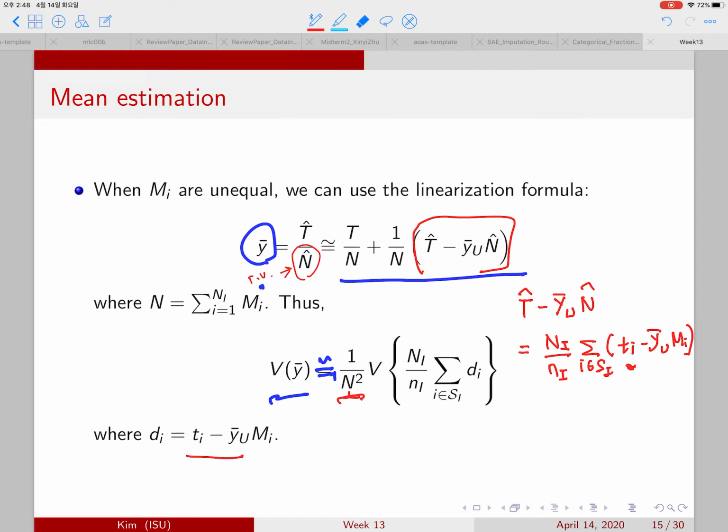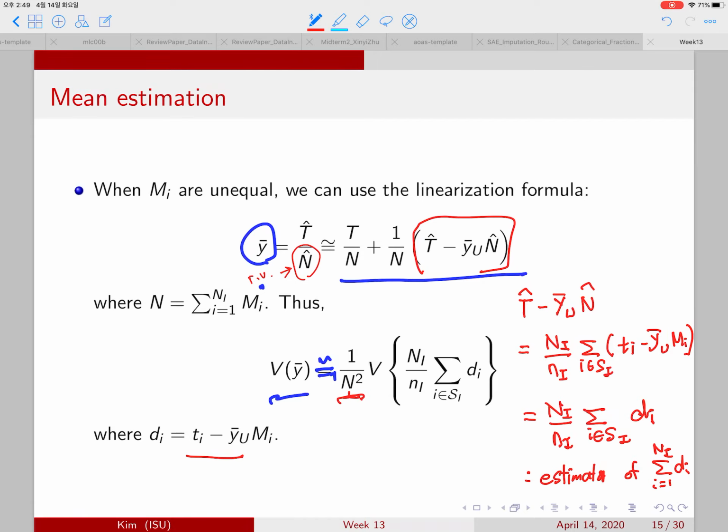So that is actually ti. So basically this is an unbiased estimator of the summation of ti under simple random sampling of clusters.